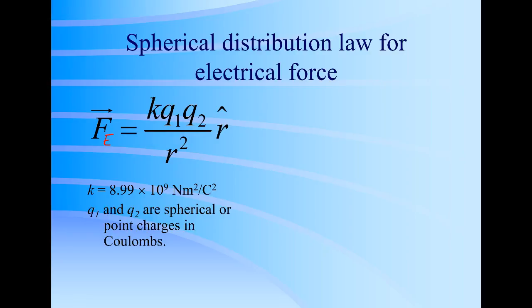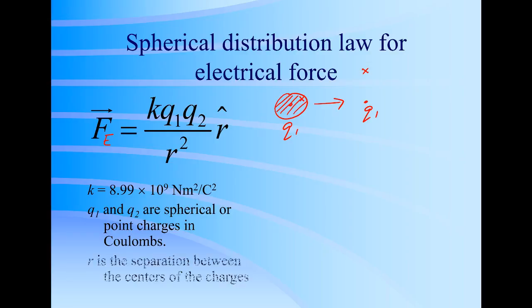And again, you can show that outside of a spherical charge Q1, it behaves the same as a point charge Q1. Now this is only true if you're looking at a point which is outside of that distribution. So for example, we didn't talk about what happens if we're located on the interior of a charge distribution. We're just talking about what happens if you're over here. But we'll get to that in a future video.